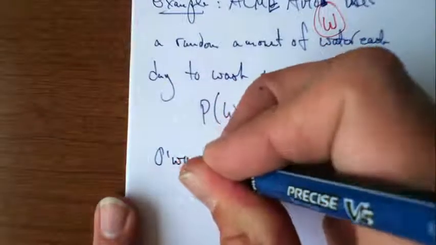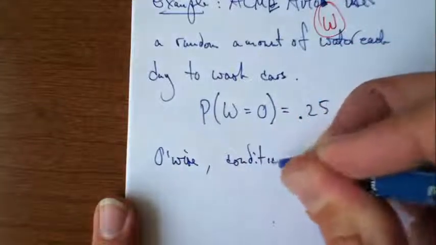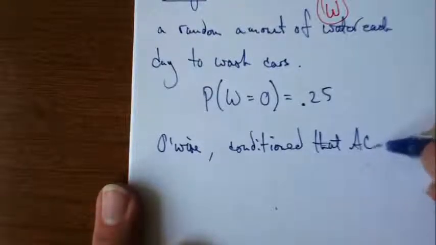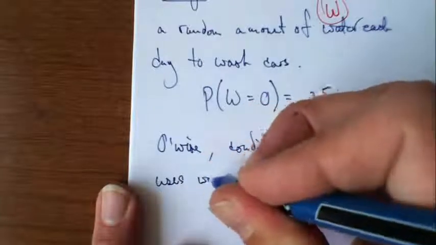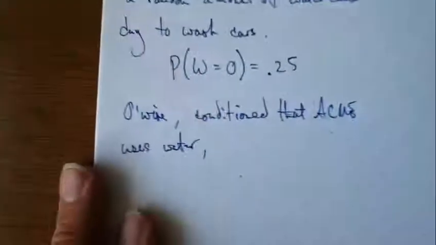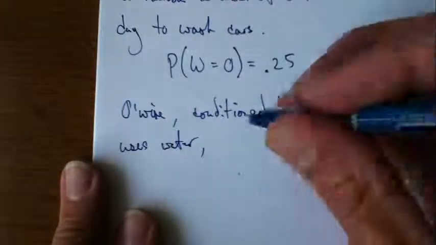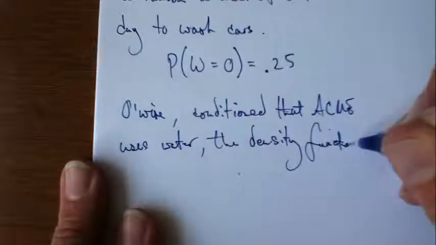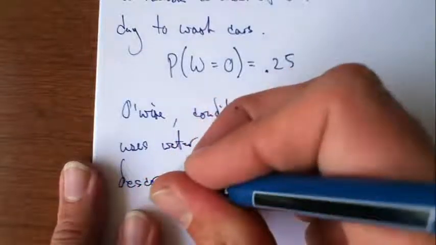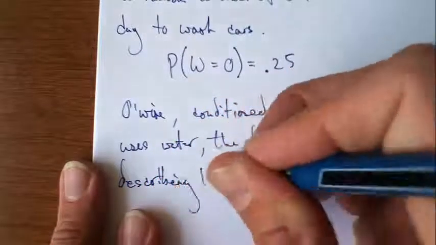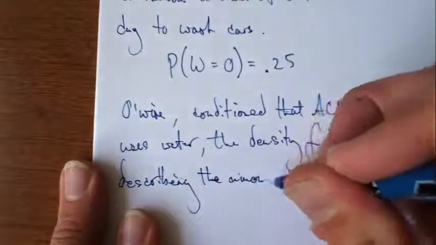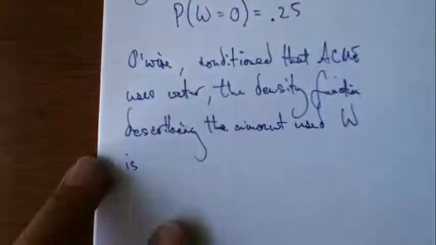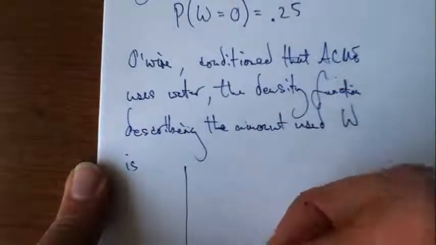Otherwise, conditioned that the company uses water, let's say that the density function describing the amount used, and that's W, let's say it looks like this.